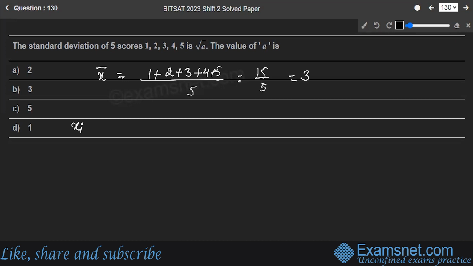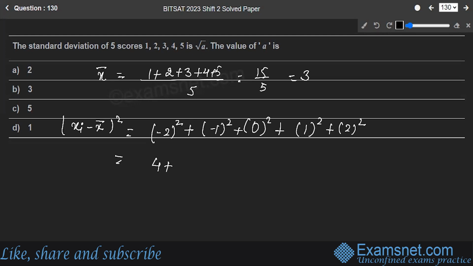Now let's find (xi minus x bar) squared. So this gives me 1 minus 3, that is minus 2 square, plus minus 1 square, plus 0 square, plus 1 square, plus 2 square.